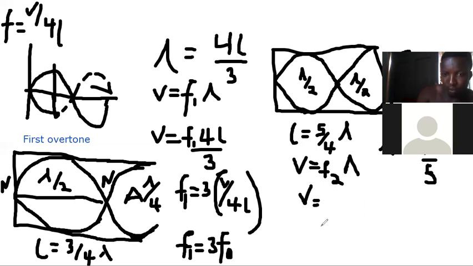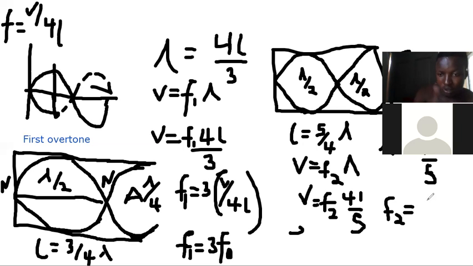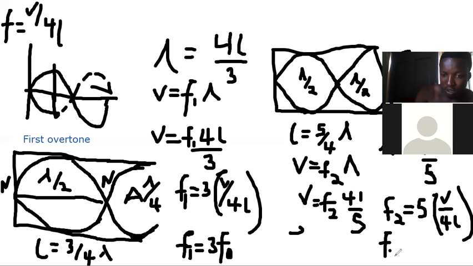Now you can make F2 the subject. F2 will be equal to 5 into brackets L over 4L. But L over 4L is F naught, so F2 is equal to 5 F naught.